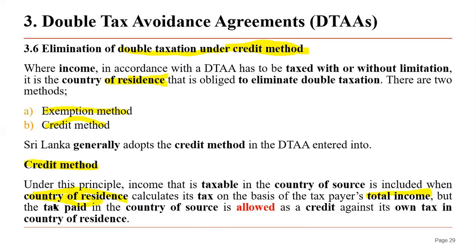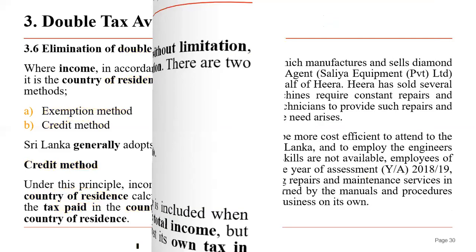But the tax paid in Sri Lanka, that is the source, 10%, is allowed as a credit against its own tax in the country of residence. They can take a tax credit of 10% in India. So this is the elimination of double tax under the credit method.